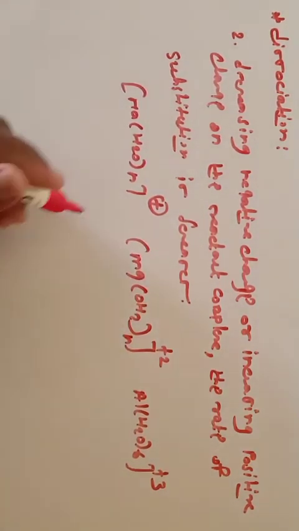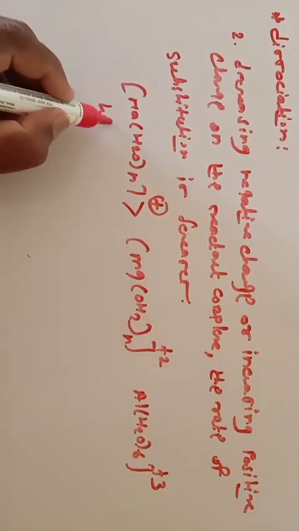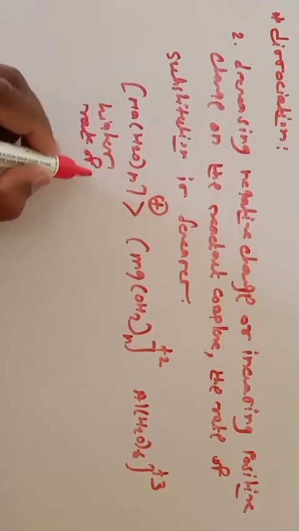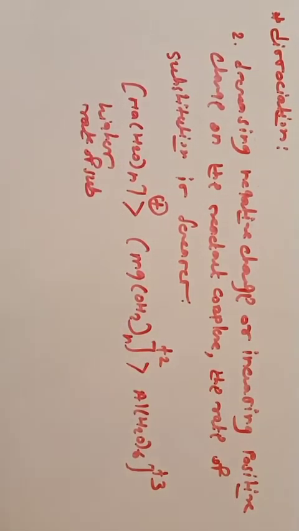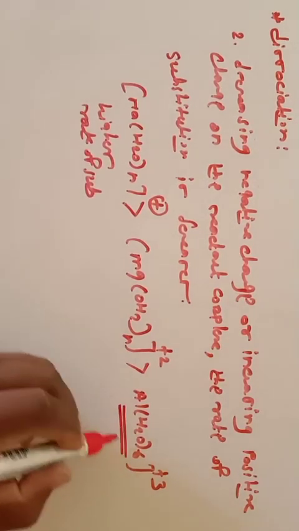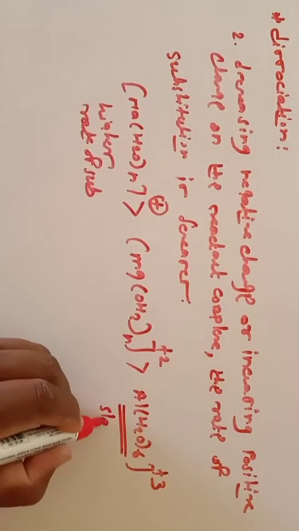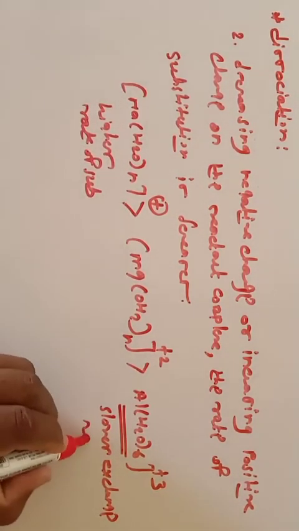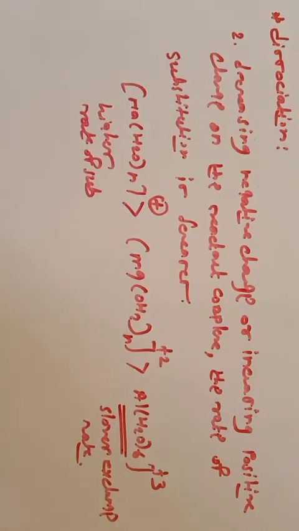So in this case, the first complex has a higher rate of substitution compared to the other two, and the third complex will have a slower ligand exchange rate, because as the positive charge on the reactant complex increases, the rate of ligand substitution reaction decreases. So this is the second evidence for the dissociative type of mechanism.